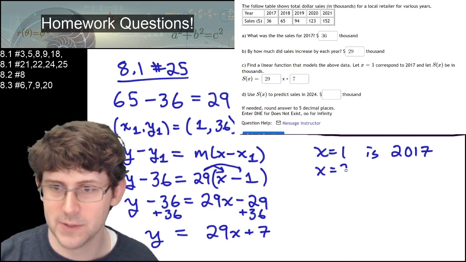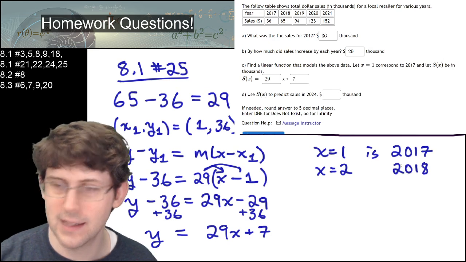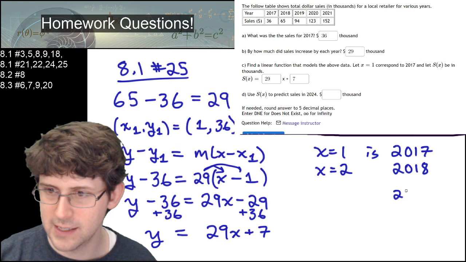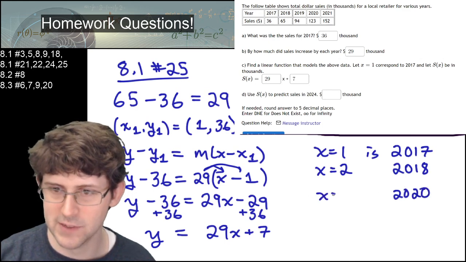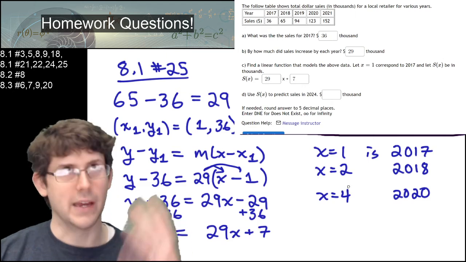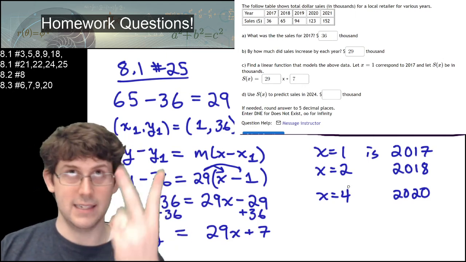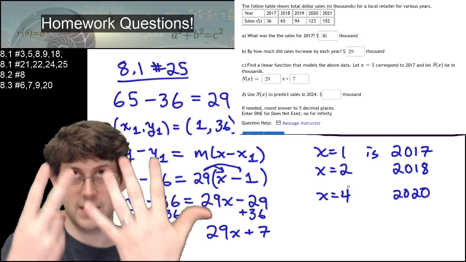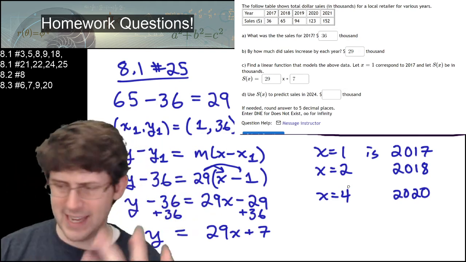Okay, well, x equals 2 would be 2018. I need to get up to 2024. Okay, if I go 2 more years, that's x equals 4. So, okay, it's 2017, 18, 19, 2020, 2021, 2022, 23, 24. So I think it's x equals 8.